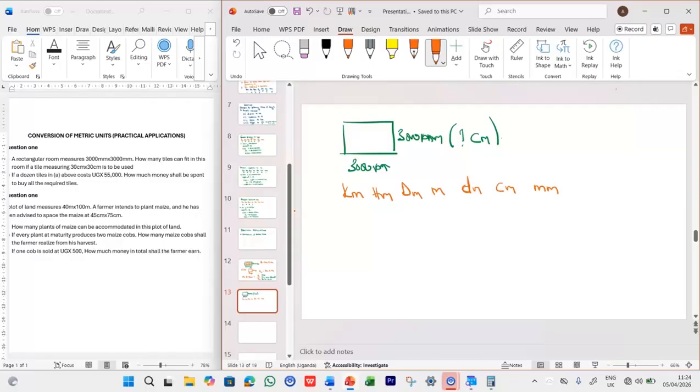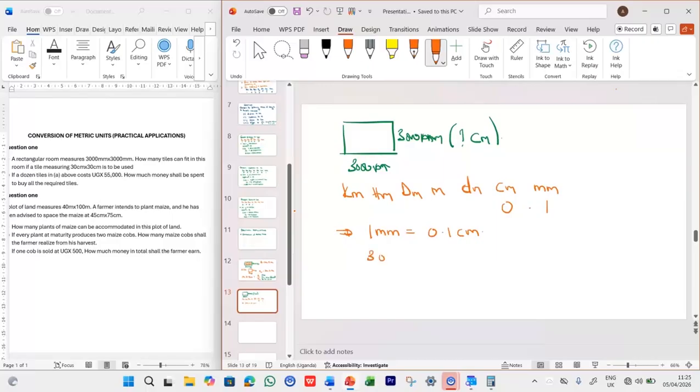We are converting from a millimeter to a centimeter. Between the 0 and the 1 we put a decimal. So 1 millimeter is equal to 0.1 centimeters.